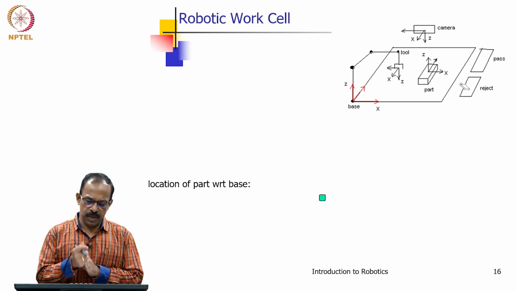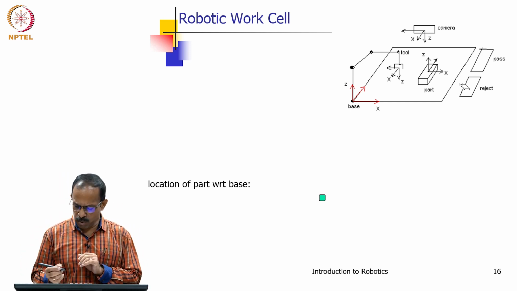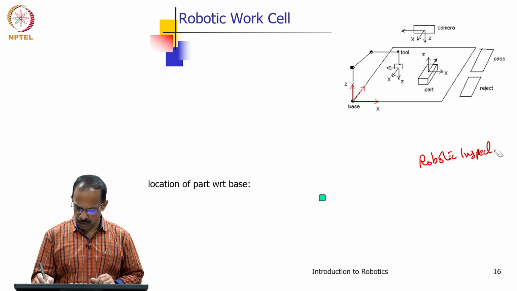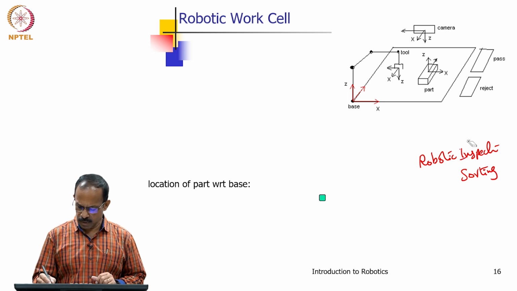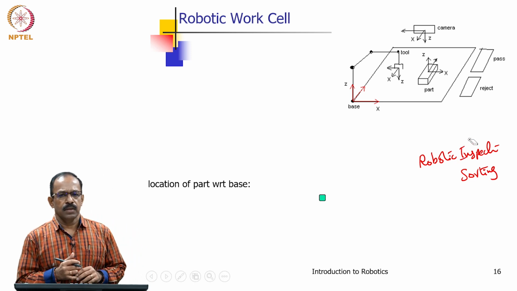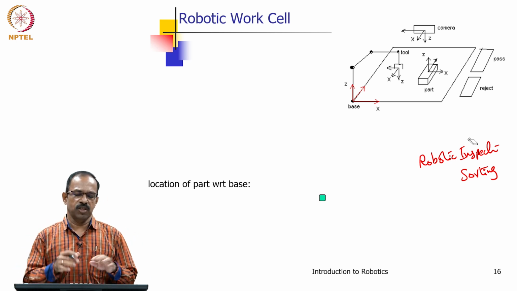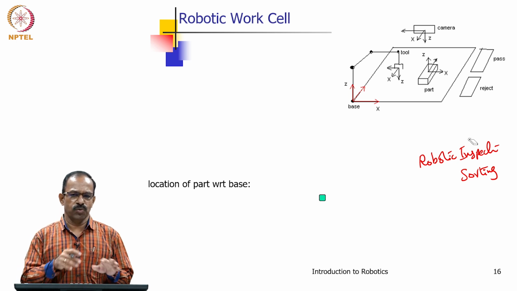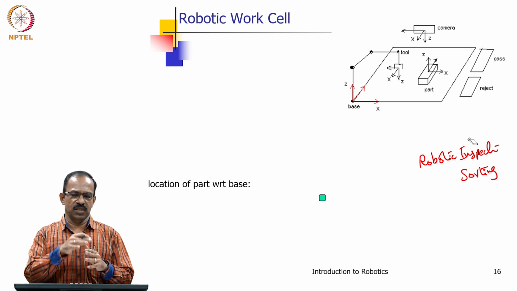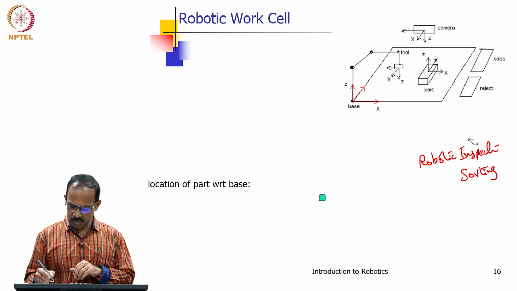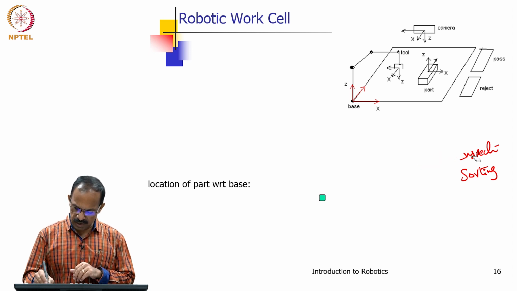In this typical work cell, we are considering robotic inspection and sorting of components. Though it is not purely robotic inspection per se, there is an inspection of the object, and the robot is used to sort the object based on whether it is a good quality or a bad quality product. That is basically the robotic inspection and sorting work cell.